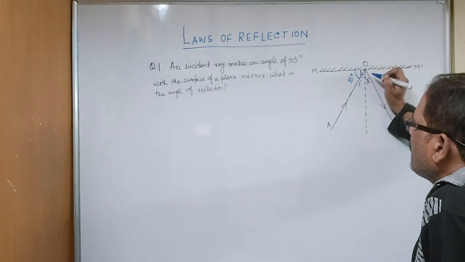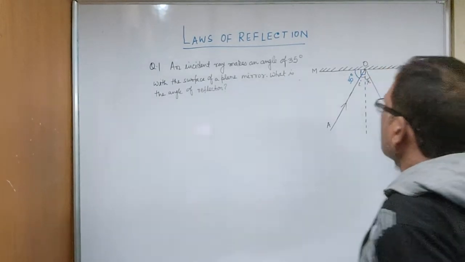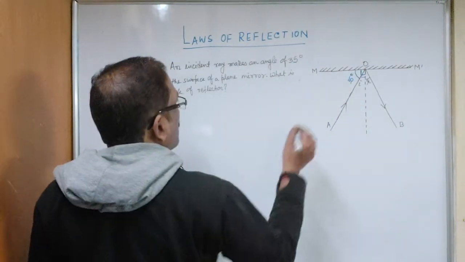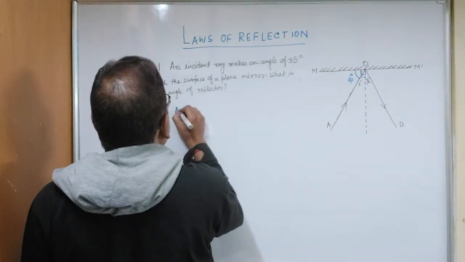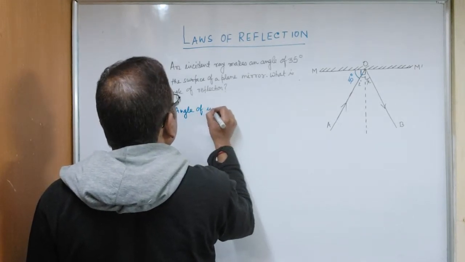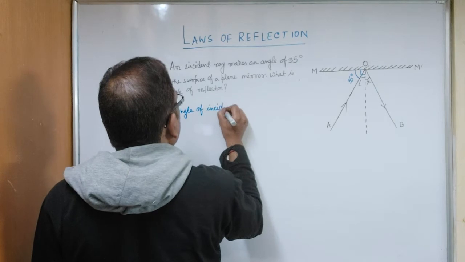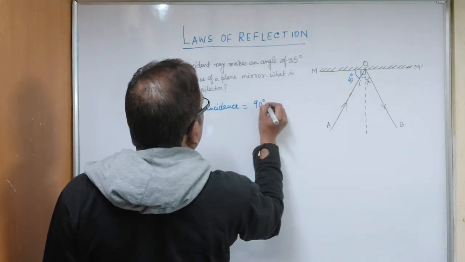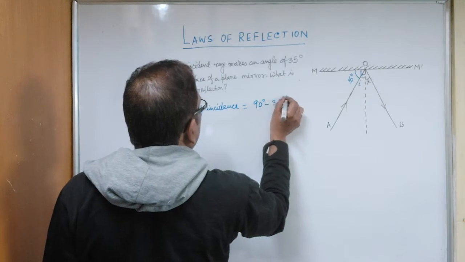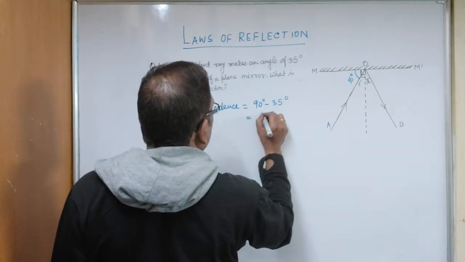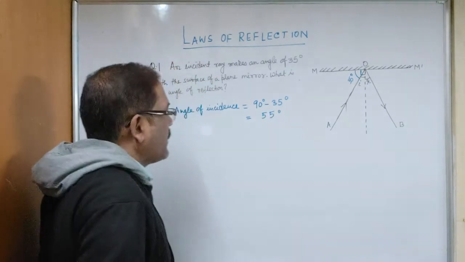And this much angle is 35 degree. So you will draw that figure and then write angle of incidence will be equal to 90 degree minus 35 degree, so 55 degree.